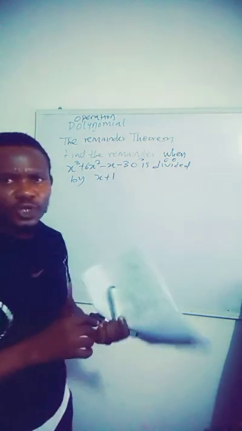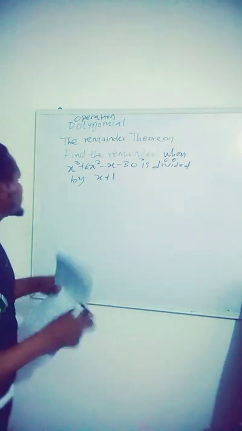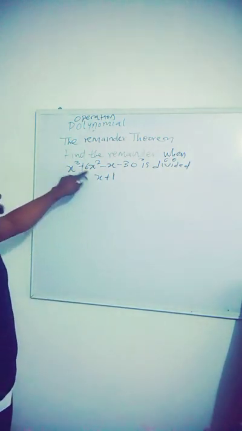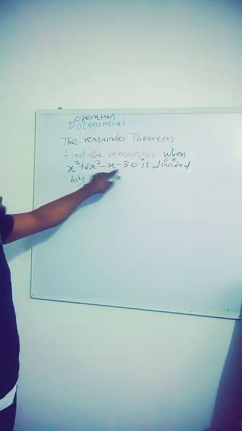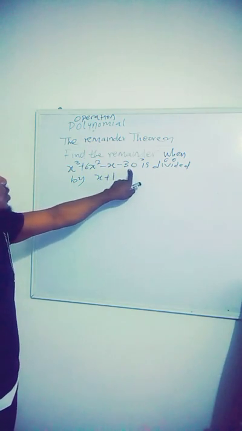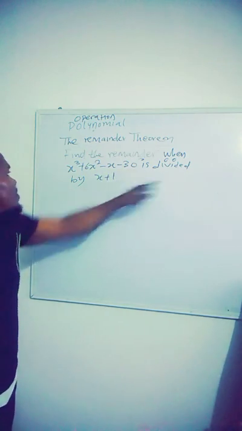This is the function given: s cubed plus 6s squared minus s minus 30. So the question is, it is divided by this.